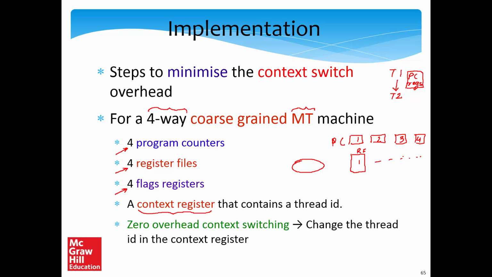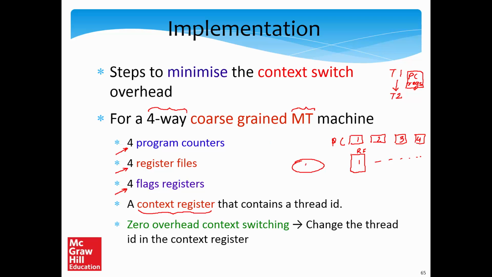If you want to have a very fast context switch, which is called zero overhead context switching, what we can do is design the system with a fair amount of redundancy, as we have just shown, where the state of each of these threads is maintained in its own PC and register file.